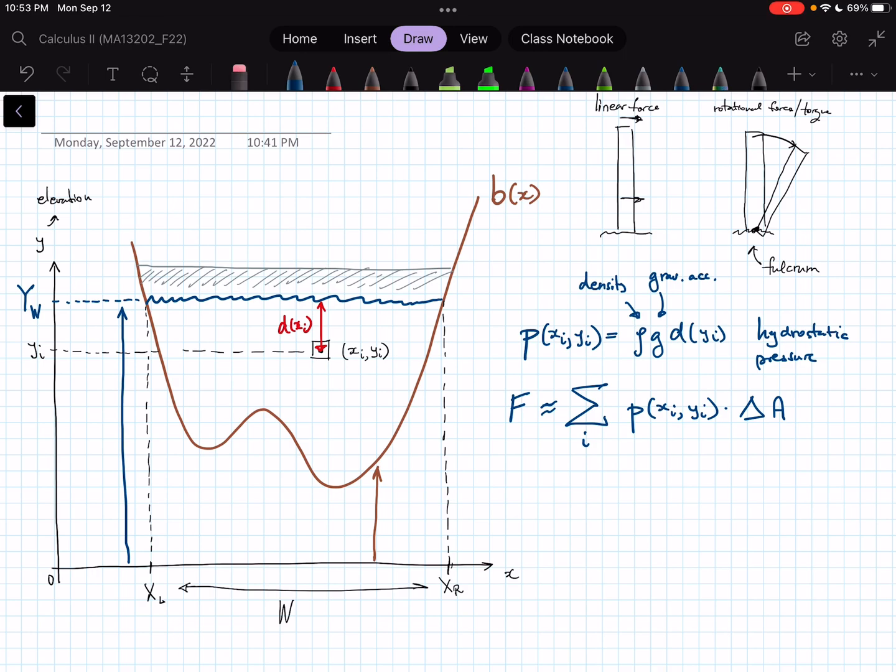So we imagine that we don't have just a single patch here, but that this i index runs from 1, so maybe the first patch would be somewhere here, x1, y1, and that we would basically grid up this entire dam and sum the contribution of the pressure times the area, which means contributions of forces, over all of these patches.